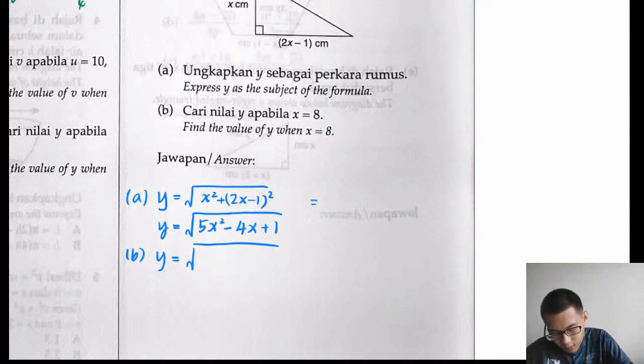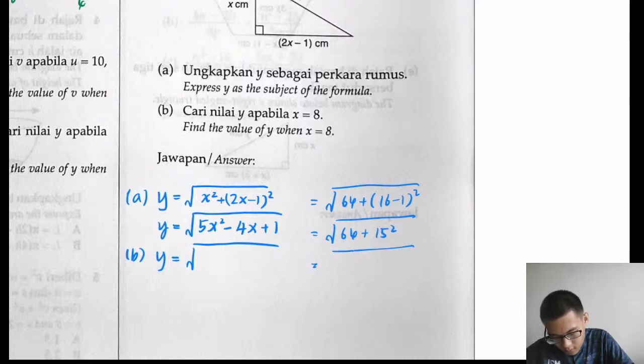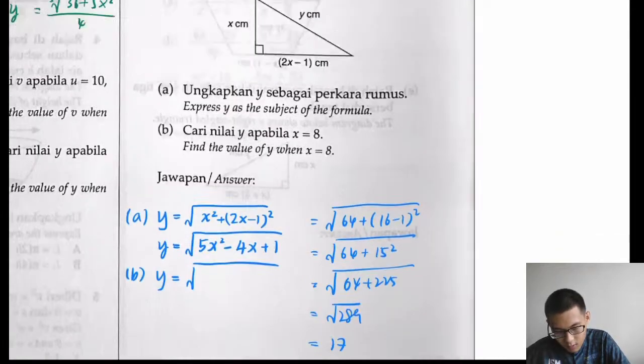This one I just substitute. 64 plus 16 minus 1, right? 15 square. 64, 15 square is 225. 289. Okay, so final answer is 17. So y is 17.